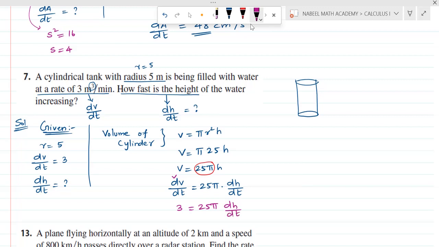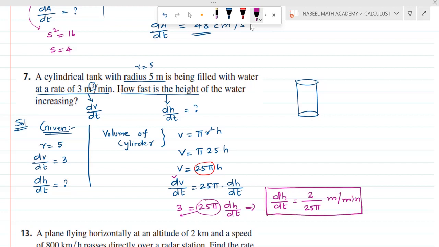I need to calculate dh over dt, so just bring it over. You will have dh over dt equal to 3 over 25 pi. You can simplify this one. Since h is a length, therefore it is meter, and see the unit, it is minutes. So I will use the minute here. That's it.